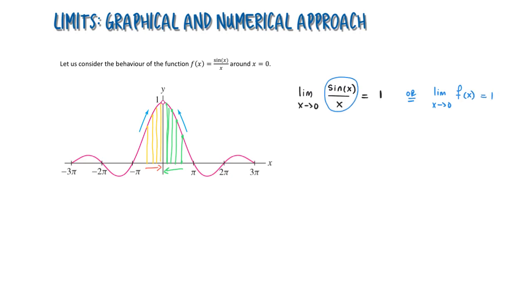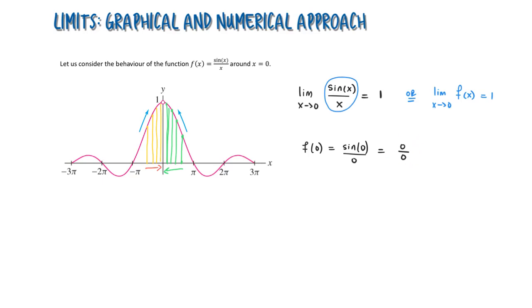And something that I want you to notice here is that the function is undefined at 0. Because at 0, for a function like this, we would have f of 0 equals the sine of 0 divided by 0. Sine of 0 is equal to 0. And as soon as you get something like this right here, you have the indeterminate form.